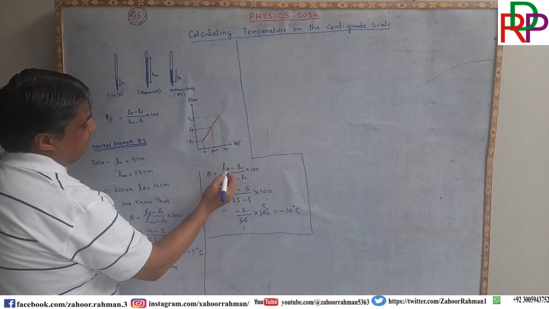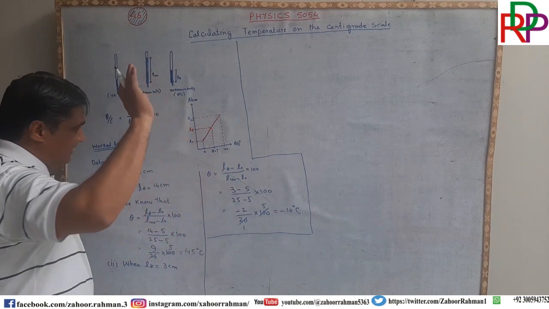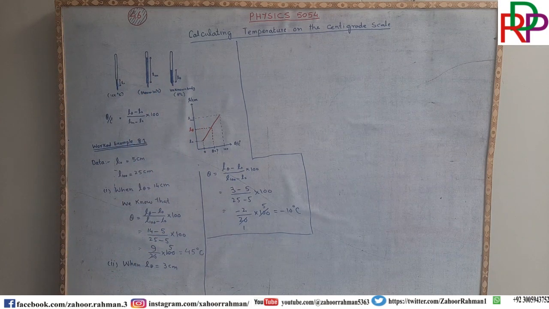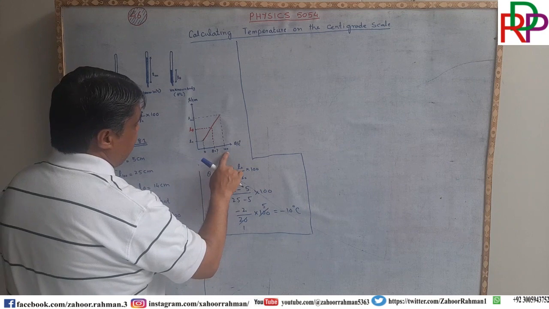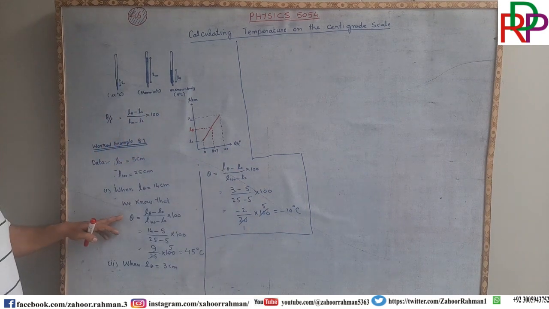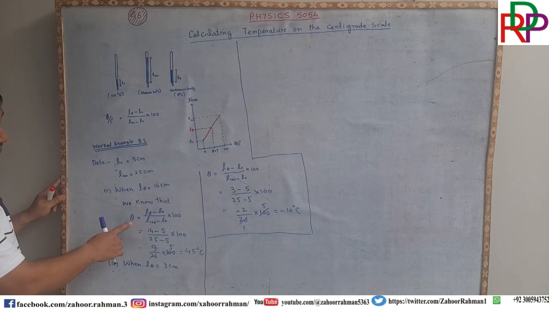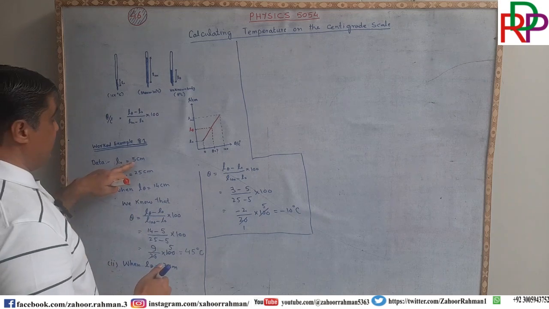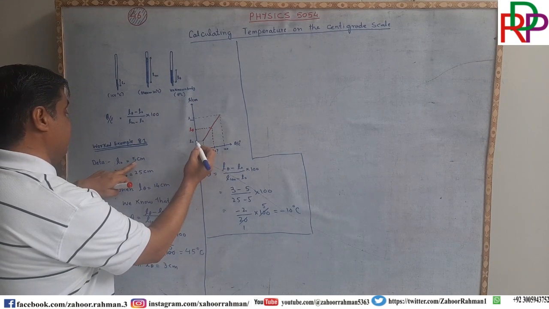Ladies and gentlemen, this L0 and L100 are fixed. They will not be changed from L0 to L100. And similarly, 0 and 100 will be the known values. Now, in this particular case, there is a theta. So we have to write L0 as 5 centimeter.